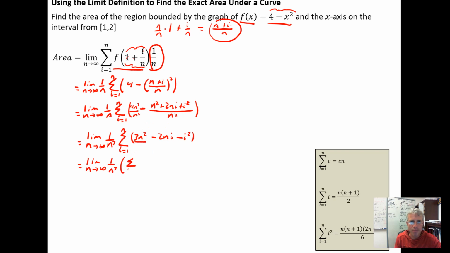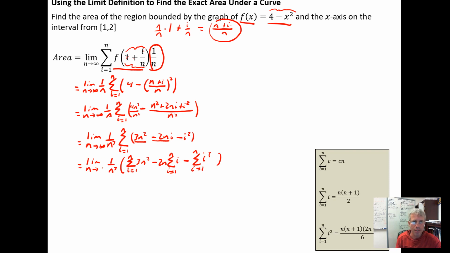So I'm going to have the sum from i equals 1 to n of the constant 3n squared, minus twice n, so factor the twice n off of the summation, so we get the sum from i equals 1 to n of just i, so 2n times i, factoring that constant out, minus the sum from i equals 1 to n of just the i squared term.